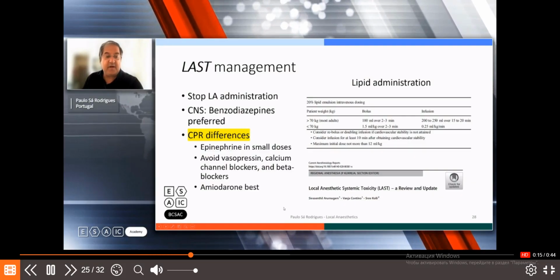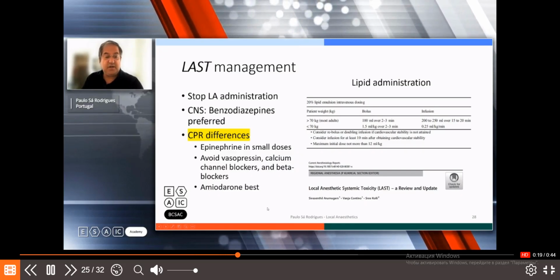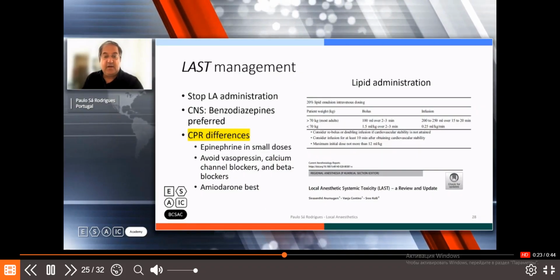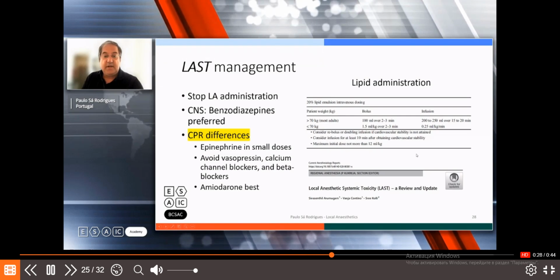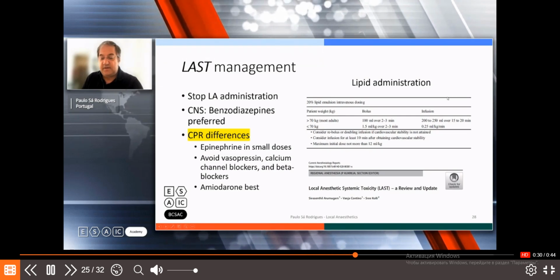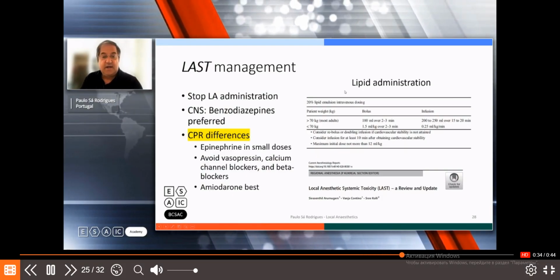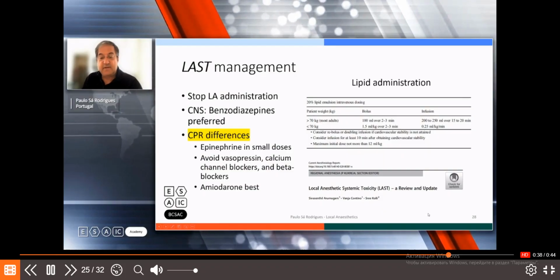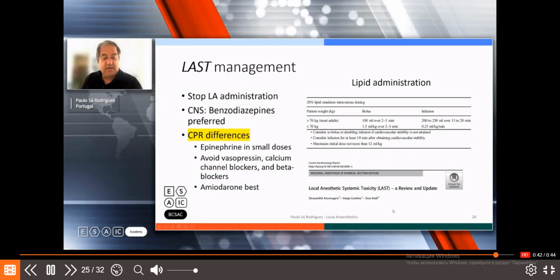There are some CPR differences which you should mention during your exam. And also, usually you are asked about the usage of lipid infusions, Intralipid or similar, and you'll be asked about the doses usually utilized.